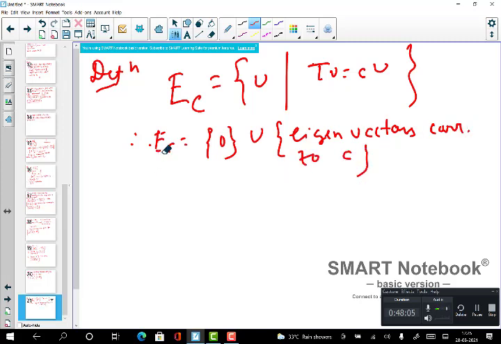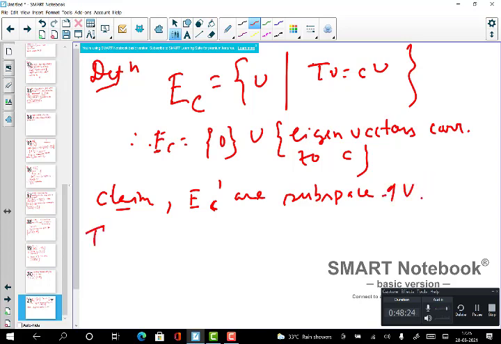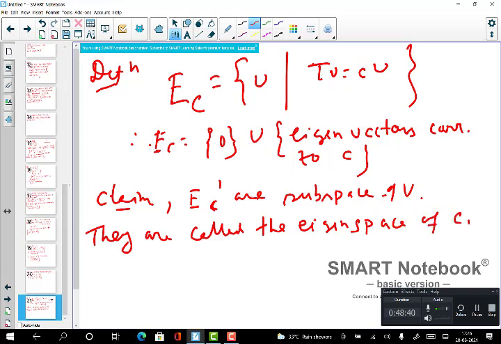Now this is a simple claim: E of C is, for any C, a subspace of V, and it is called the eigenspace of C. Now how to prove this is a subspace?